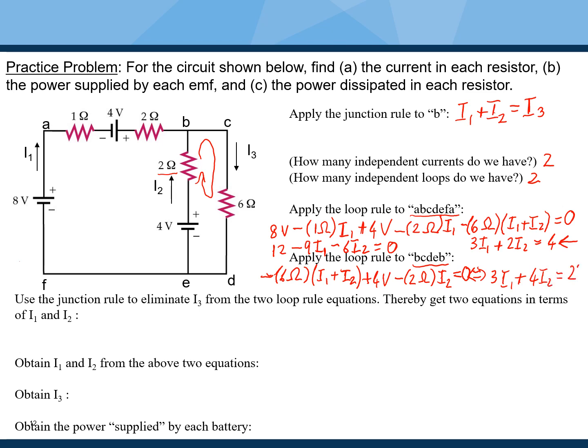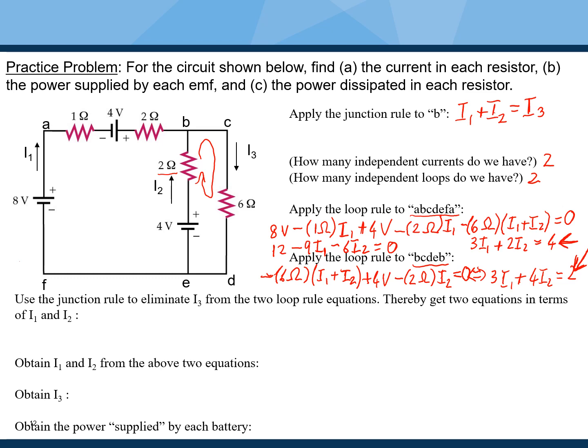So this is another one of our important equations. Now we have two important equations. 3I1 plus 2I2 is equal to 4, and 3I1 plus 4I2 is equal to 2.